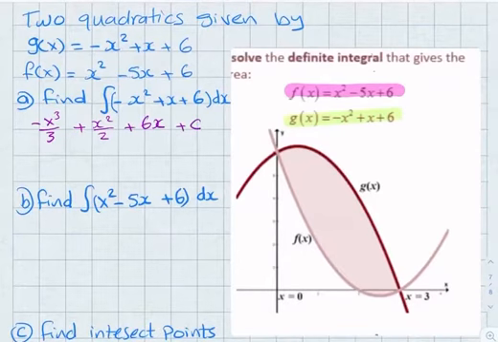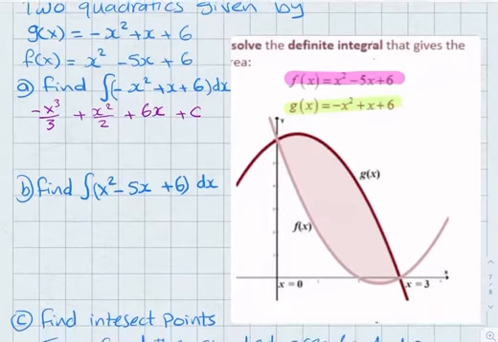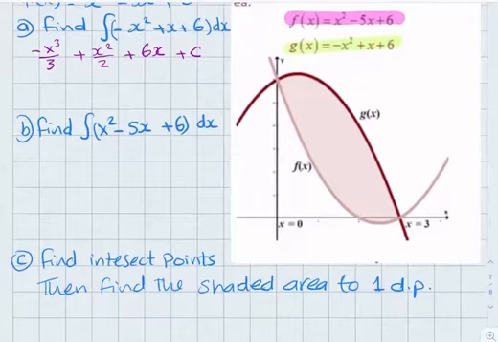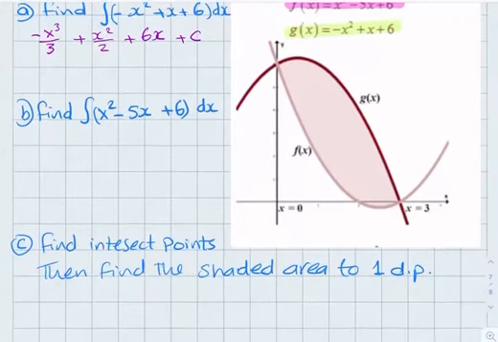We put the constant of integration because there are no limits on this specific thing. On b, we do the integration for this, so there's going to be x cubed over 3 minus 5x squared over 2 plus 6x plus c.